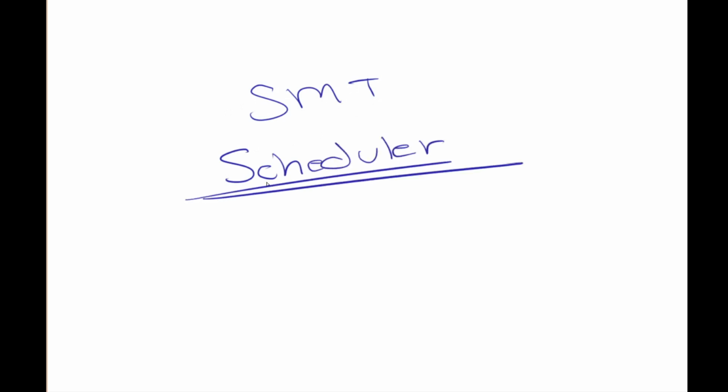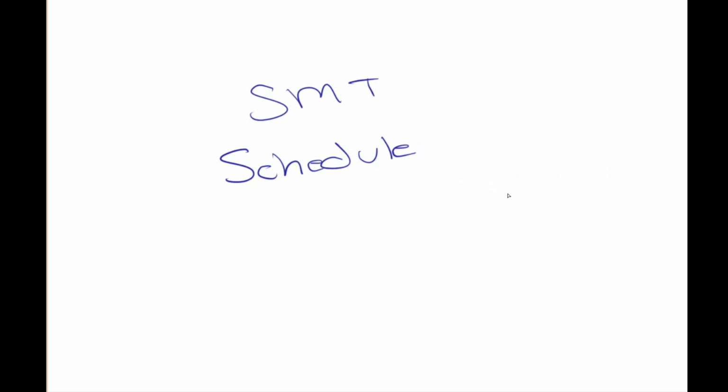Now, what SMT allows you to do is, SMT is a scheduler technology. It is largely a technology that concerns the scheduler in an architecture to smartly schedule instructions between threads that may or may not share a context to make sure that their sequence runs in a proper order.